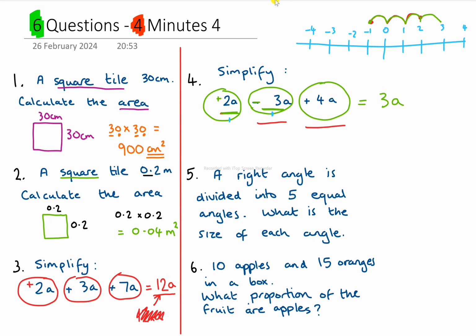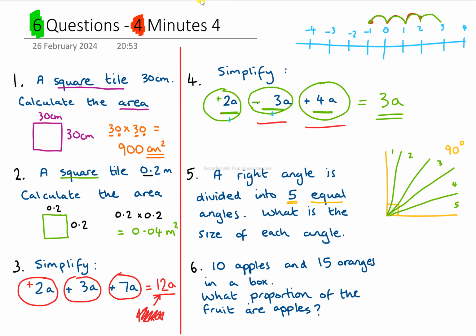Right, there we go. In a right angle, I can't even read. A right angle is divided into 5 equal parts. So here's a right angle. I know it's made up of 90 degrees. We're going to split it up into 5 equal angles. So let's pretend these are 5 equal pieces. 1, 2, 3, 4, 5 equal pieces.